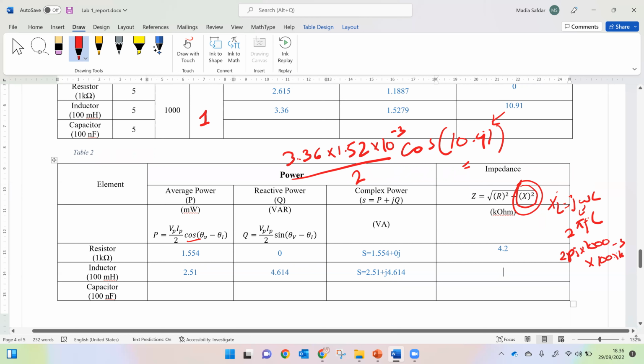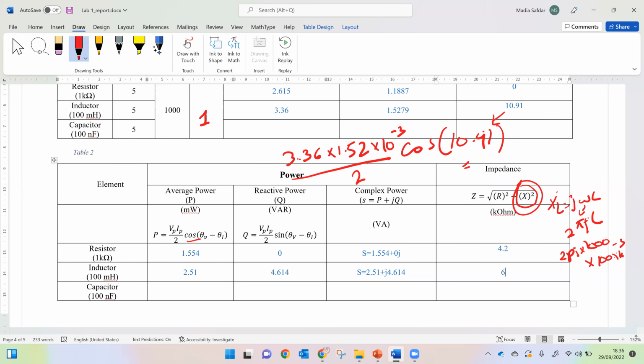Calculate this: 2 pi multiplied by 1000 multiplied by 100 millihenry. So this will be 628.